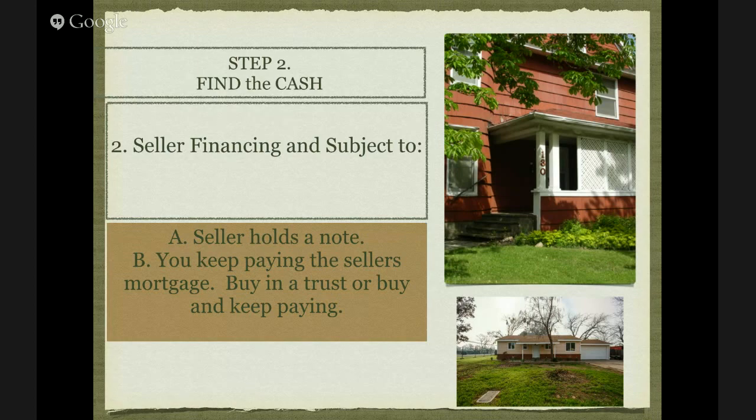They were the executor of the estate, and they were very, very willing to sell that property subject to the existing mortgage. So all we had to do was go to escrow with the down payment, and we were good to go. So that is the second way to finance your deal.